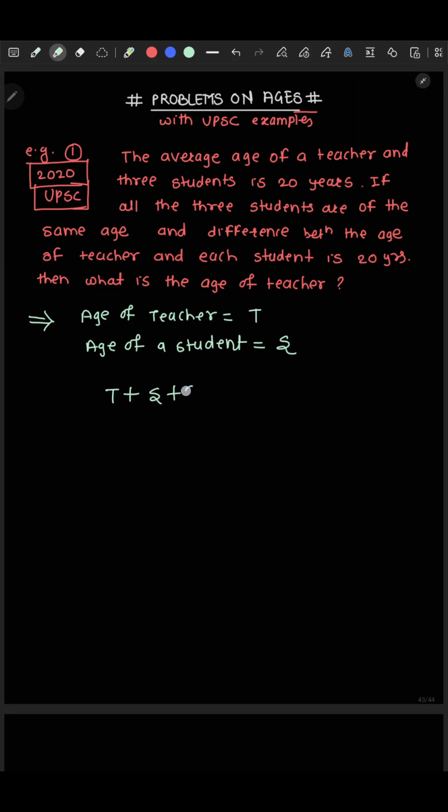Three students, so S plus S plus S, divided by the total number, which is 1, 2, 3 and 4, one teacher and three students, total 4, and their average is equal to 20 years. Now form an equation out of this. So can I write T plus 3S is equal to 80? This is my first equation.